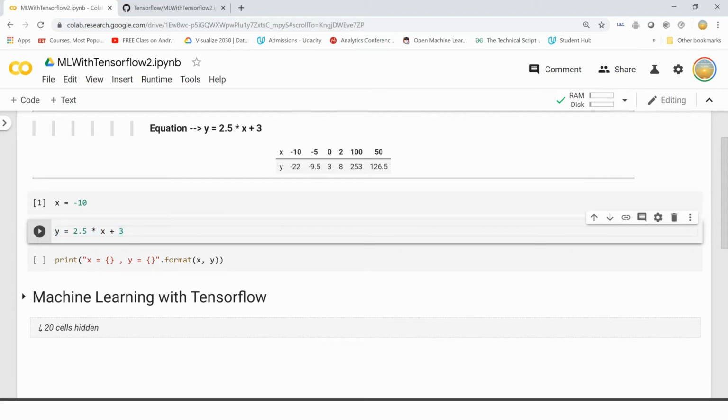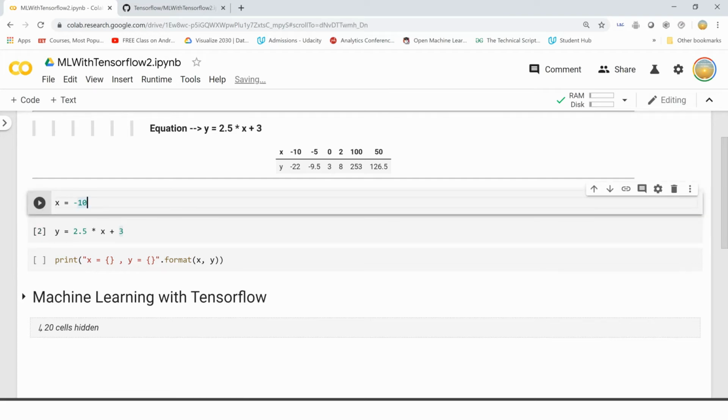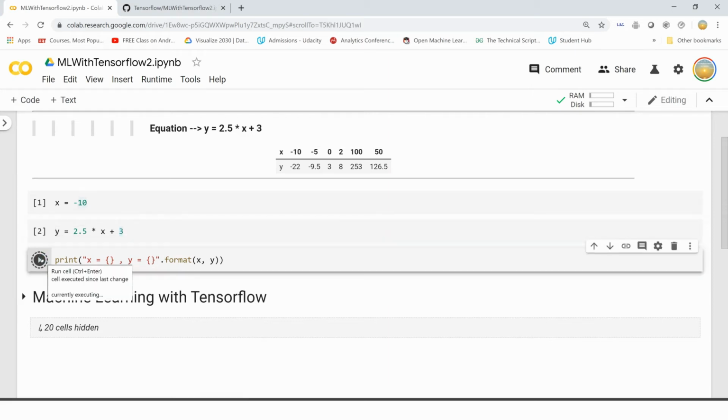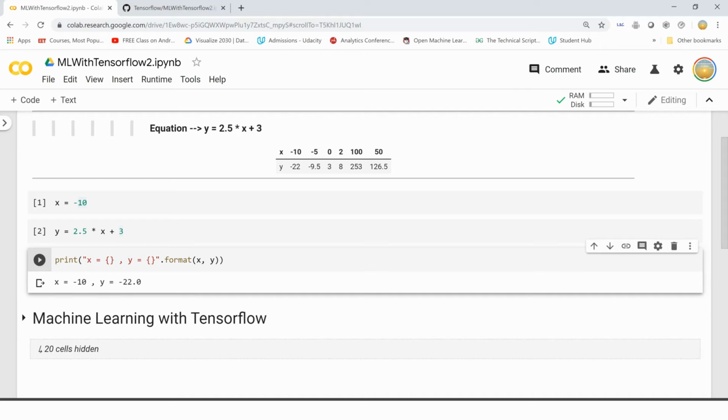I already know this relationship between my input x and my output y, and I'm feeding the same algorithm to my machine. So I fed the input, I fed the rule, I fed the algorithm, and now I want to know the value of my output. So let me print x and y. So x is -10 and y is -22. That matches the table here.